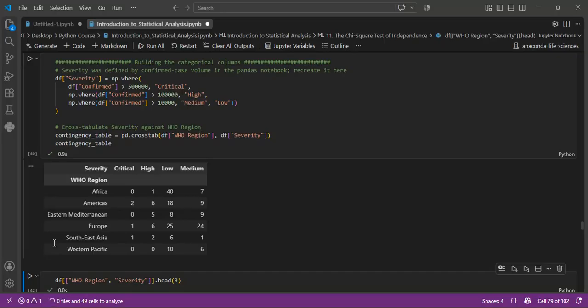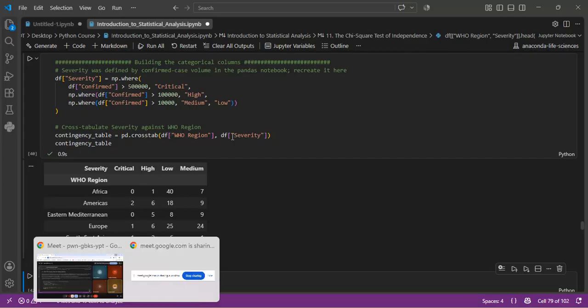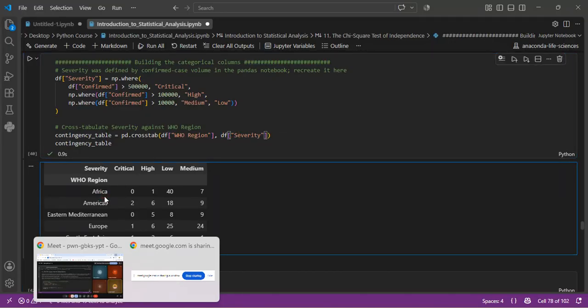Once you invert it like that, the proportion of each of these regions as to whether they are critical or high will be given. Okay, so once we are done, we now have our contingency table.